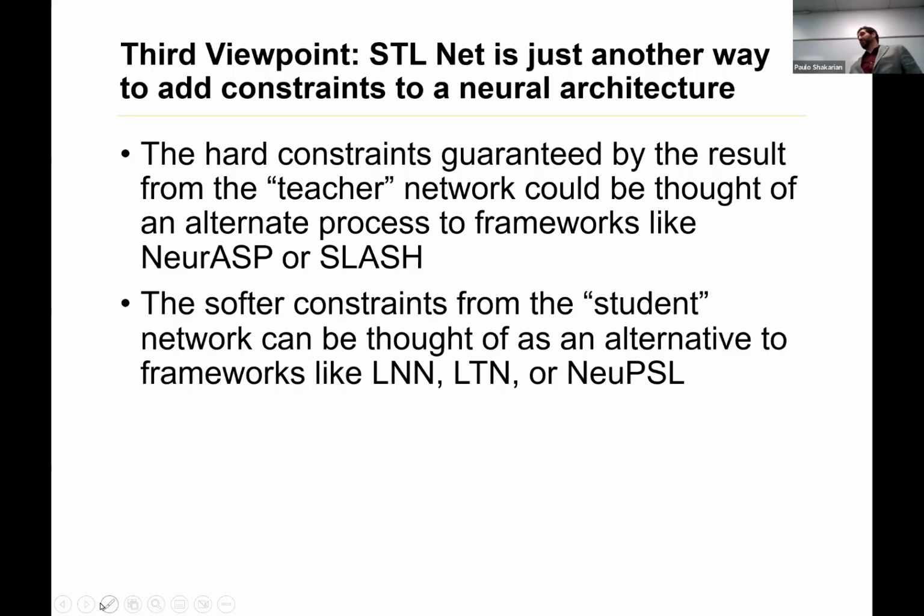Like I mentioned with the LNN paper, the IBM guys, even though they didn't test this out, they said, hey, it could be possible in gradient descent at each iteration to mess with the results to ensure consistency. Here with STL Net, they're actually doing that, although they're using a totally different architecture.